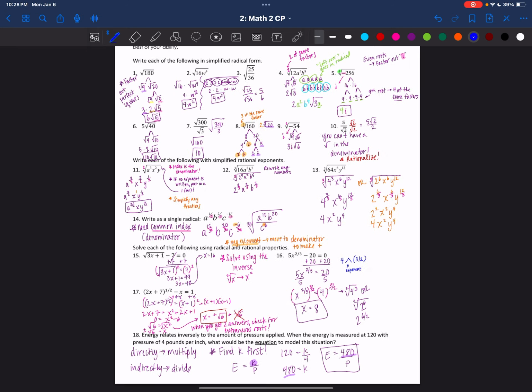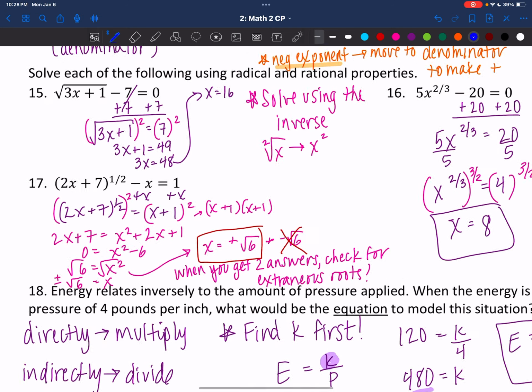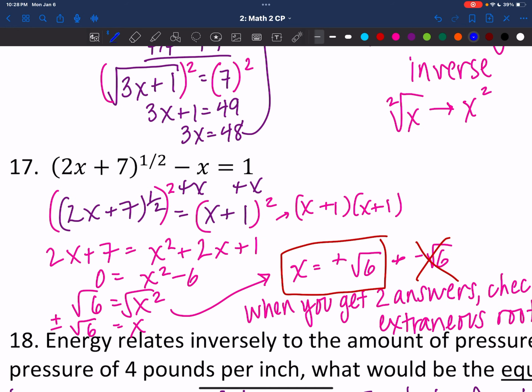All right. And then for 17, this is kind of a tricky one because you're going to add the x to both sides. And then you notice you're going to get 2x plus 7 to the 1/2 power equals x plus 1. Well, to undo this 1/2, we have to multiply by 2.